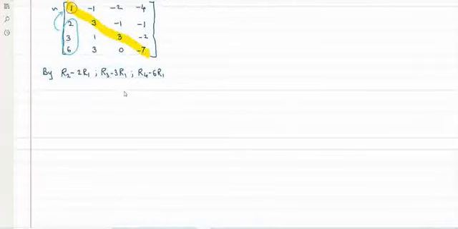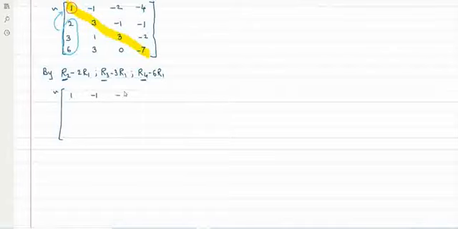Then you will get a new equivalent matrix. This transformation says change the second, third, and fourth rows. First row, no change: 1, -1, -2, -4.